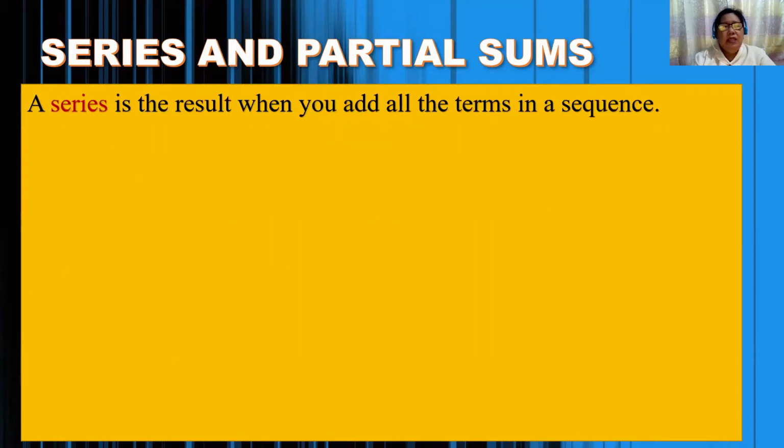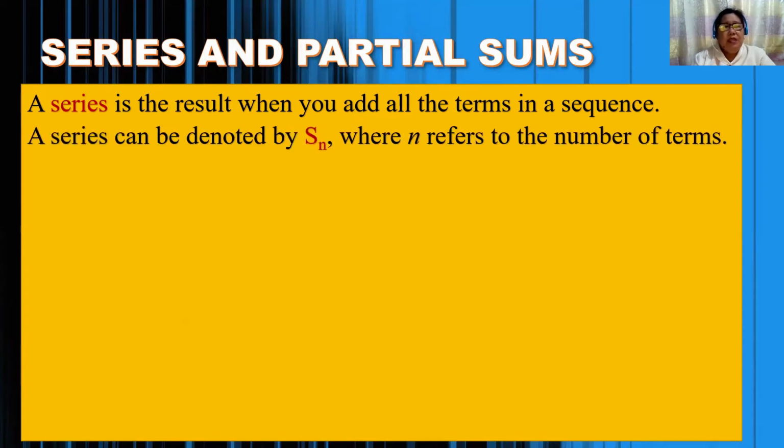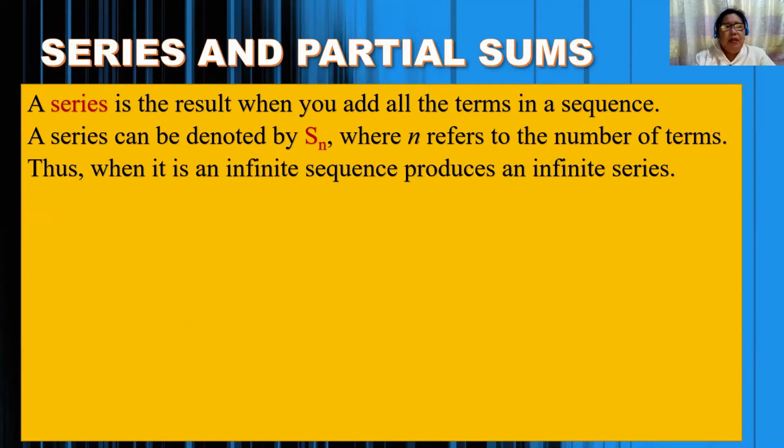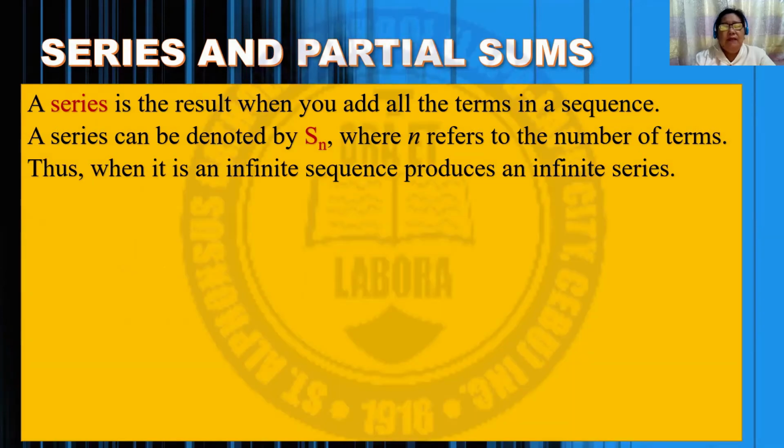A series is the result when you add all the terms in a sequence. A series can be denoted by S sub n, where n refers to the number of terms. Thus, an infinite sequence produces an infinite series.